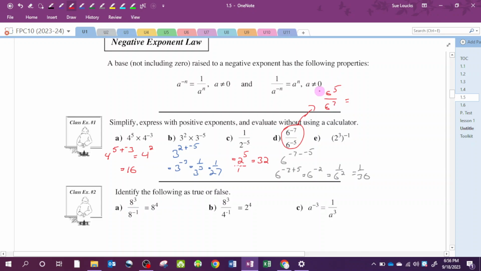I'm thinking more that if I expand the numerator with all the sixes I have and expand the denominator with all the sixes I have, I can see that I'm just going to have 2 sixes on the bottom when I cancel everything out. So that becomes 1 over 36. Whichever way is going to work for you, that's just fine.